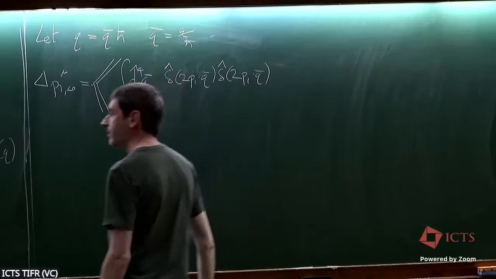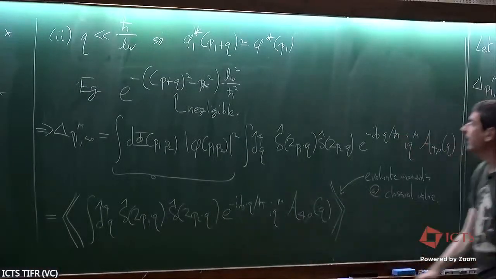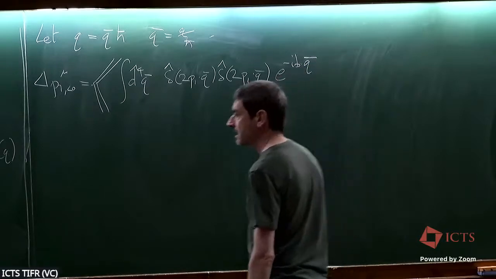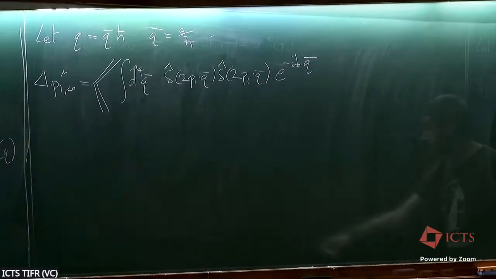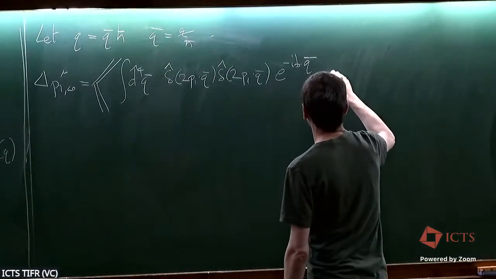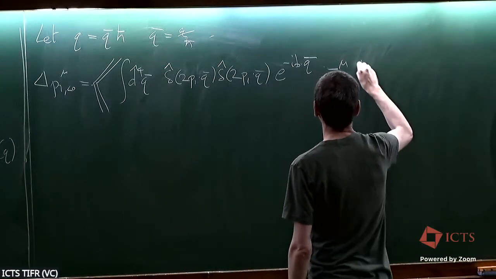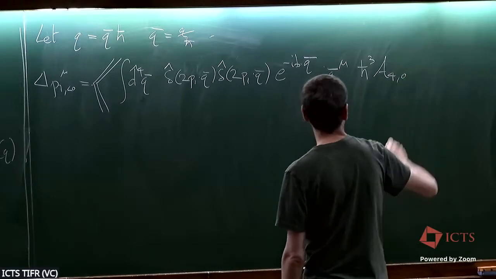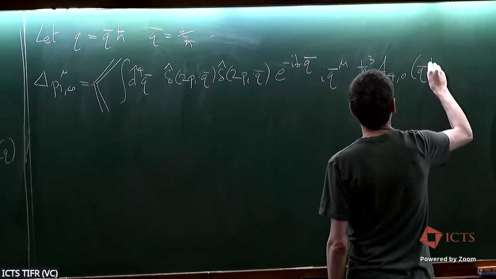Now I'm carrying 2 powers of h bar. There's e to the minus i b dot q. This i q mu now gives me a 3rd factor of h bar. So A40 of q bar h bar.